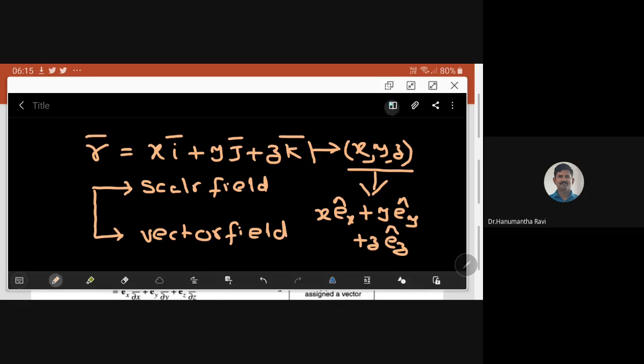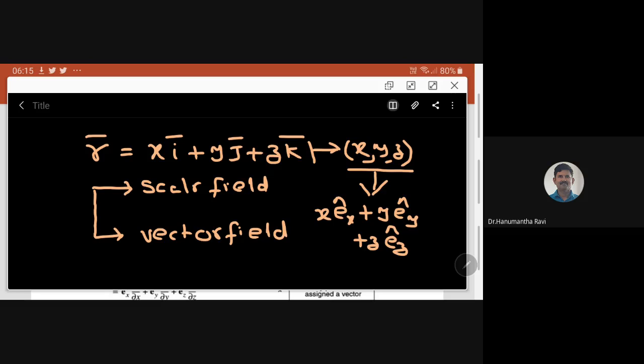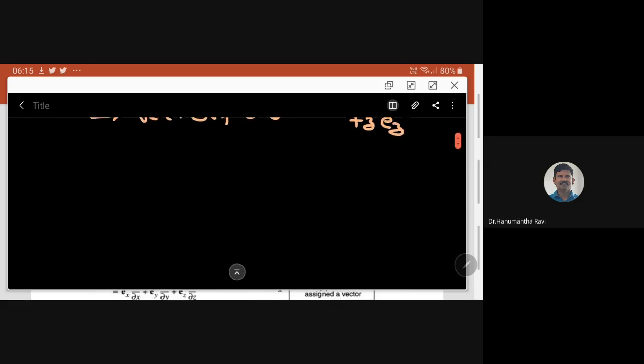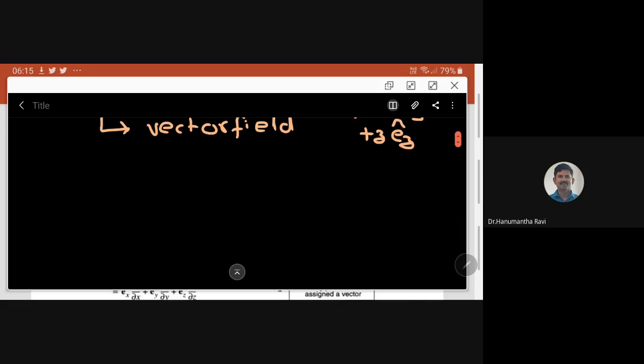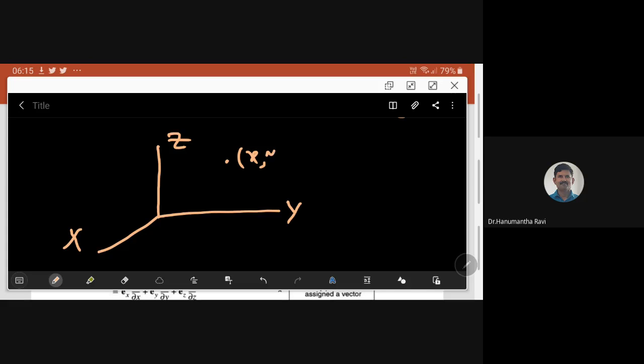This we were already told. Throughout this session we are dealing with three dimensional Cartesian space. So you have a vector here like this, x y z.